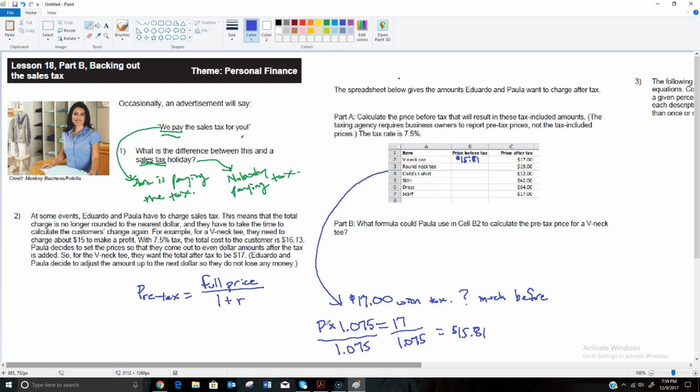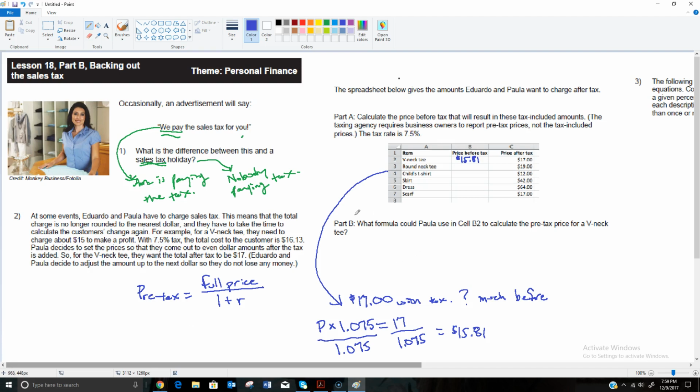So in this case, $17 was the full price, and we divided it by 1 plus 7.5%, 1.075. And that will work every time. So you're going to take the full price and divide it by 1.085, 1.059, whatever the sales tax is, you're going to add that rate on.